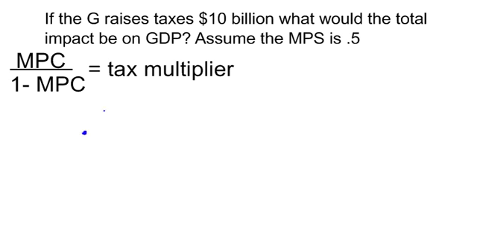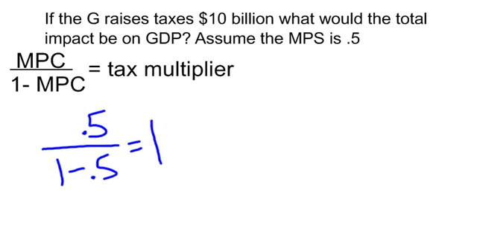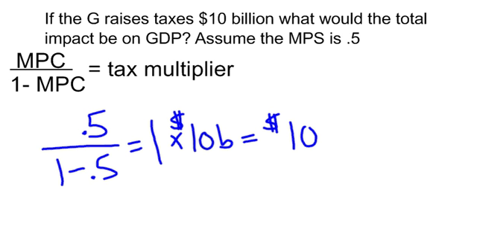So 0.5 over 1 minus 0.5 is 0.5 over 0.5, which means the multiplier is 1, which means 1 times the $10 billion change in taxes means that ultimately GDP will shrink by $10 billion.